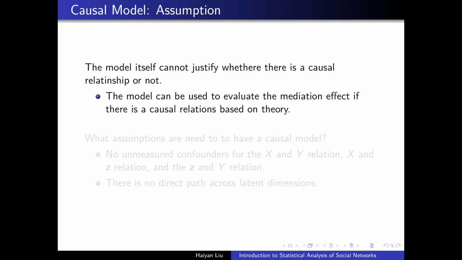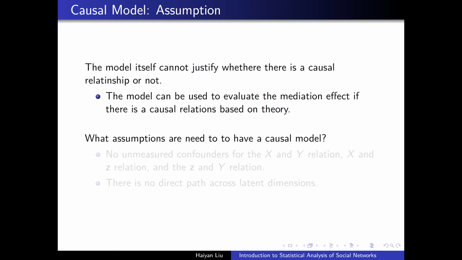The proposed network mediation model itself cannot justify whether there is a causal relationship or not. The model itself can be used to estimate the mediation effect if there is a causal relation based on theory. So we also need additional assumptions to make sure that the detected effect is a mediation effect.